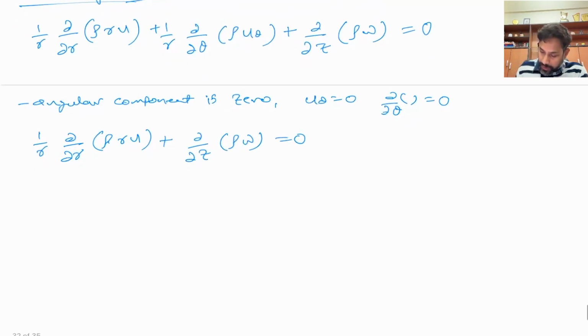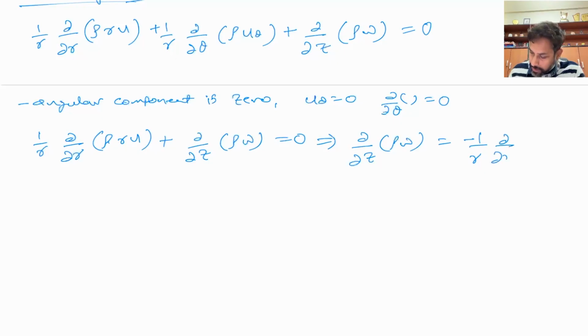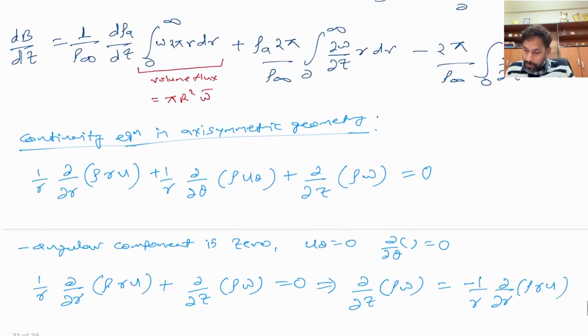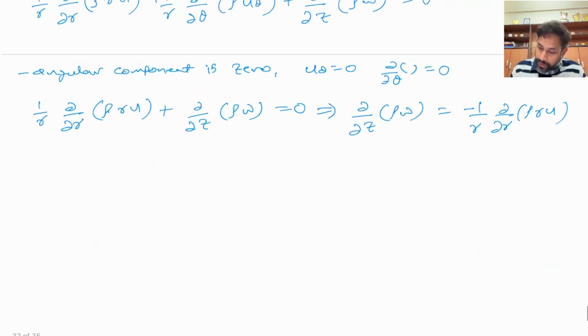And what do we get from here? So d by dz rho w is equal to minus 1 by r d by dr rho r u. Okay, so this is what we get, and this can be put in the last term of the above equation.